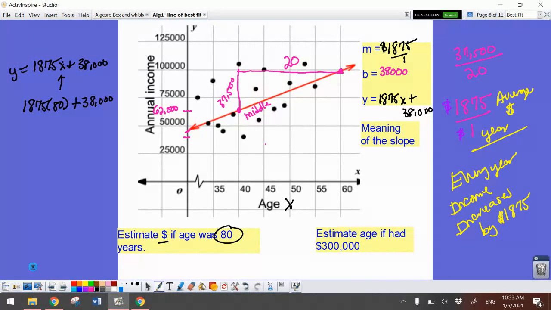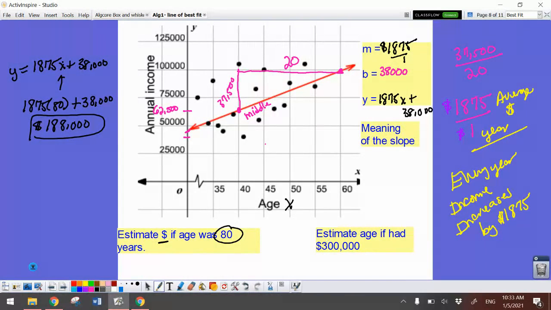So 1875 times 80 plus 38,000 tells me that I should be making 188,000 if my trend line would continue. Okay, if my trend line would continue, and my growth rate would be the same if it would be consistent.